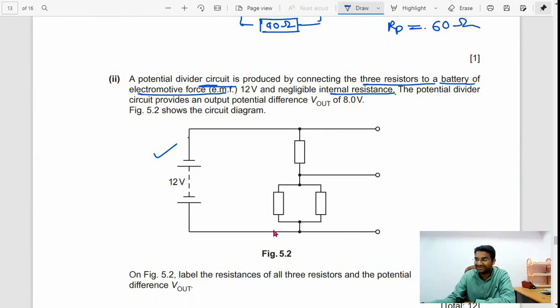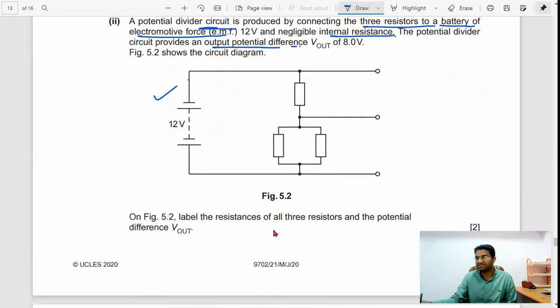The potential divider circuit provides an output potential difference of 8 volt. Now you have to label the resistance of all the three resistors and the potential difference in this figure.